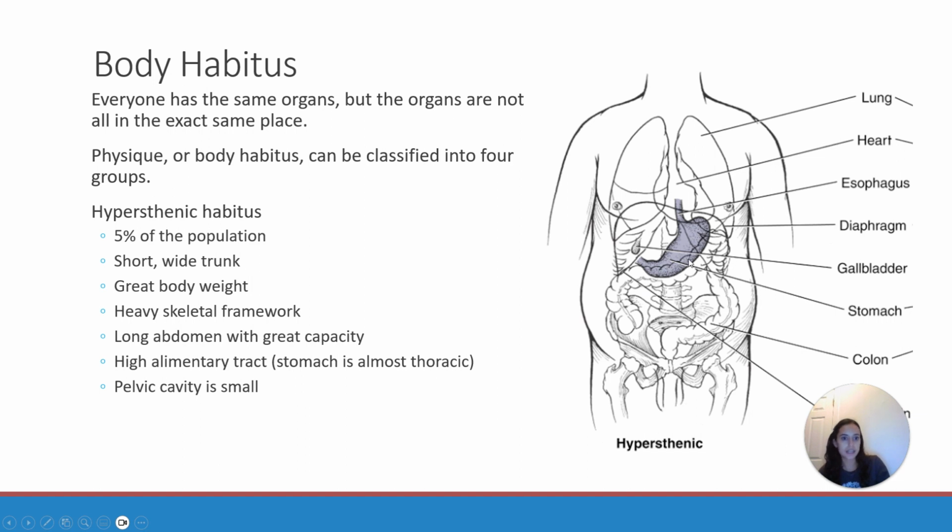So the stomach is almost sitting up in the thoracic area of the body, and the pelvic cavity is small. The way I like to remember this is short and great body weight. So we're talking about a person that tends to be wider and pretty short, so it actually ends up squishing your thoracic cavity and your abdominal pelvic cavity really close together.